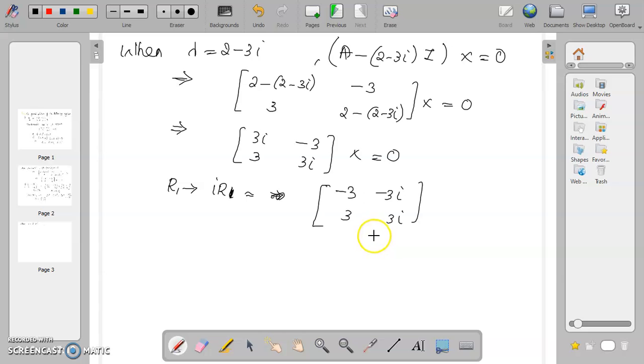Again row reduce: take R1 goes to R1 plus R2, so that is going to give 0, 0, 3 and 3i.